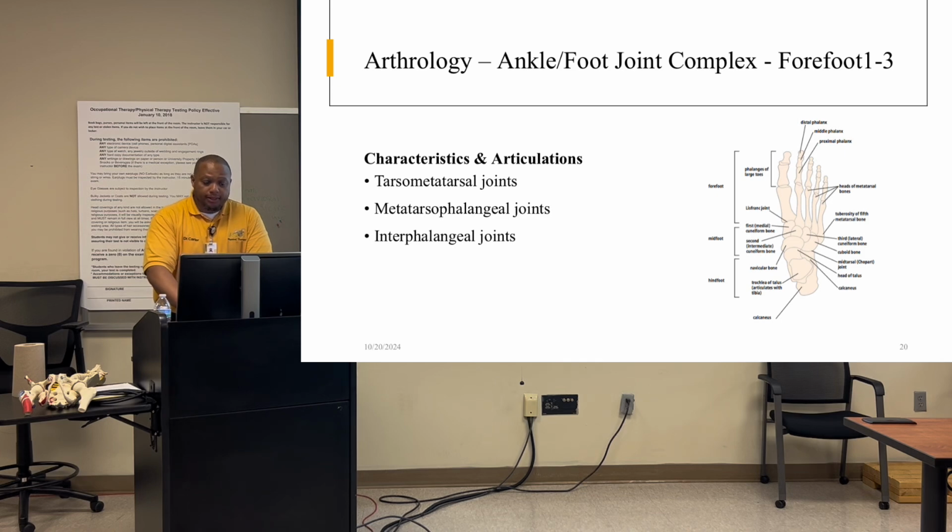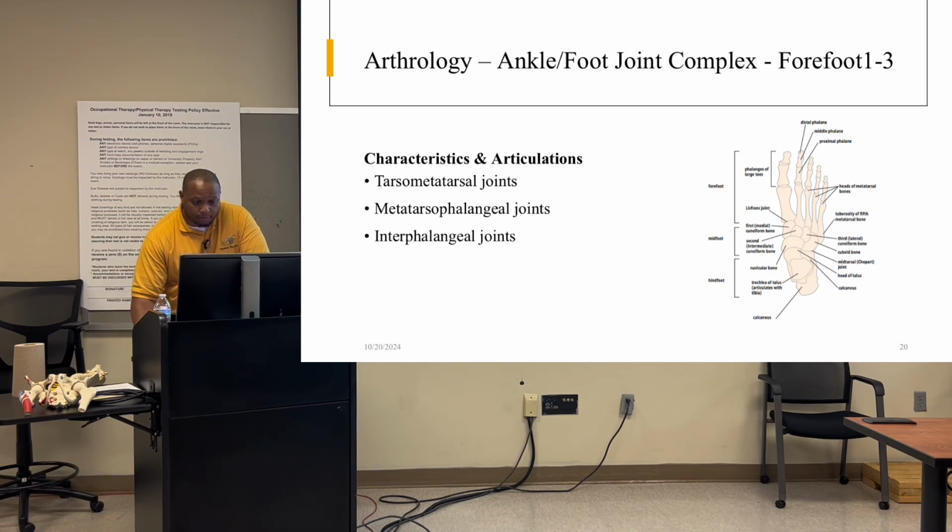So the forefoot begins with the tarsometatarsal joints. Okay? So the first metatarsal articulation with the first cuneiform bone, that is the forefoot. The metatarsal articulation with the cuneiforms and the cuboid make up the tarsometatarsal joints.